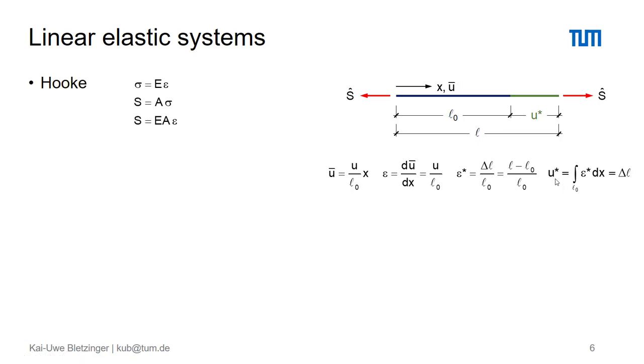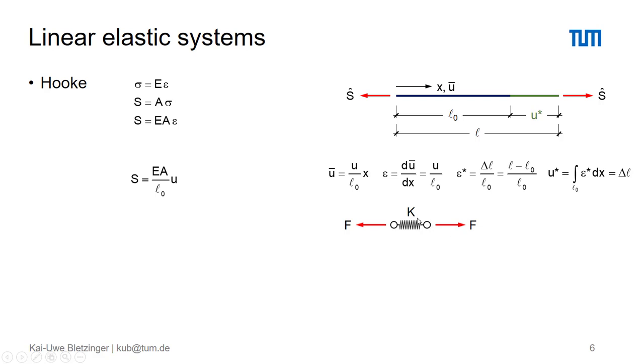We introduce Hooke's law, linear elasticity, where we have the relation between the strain and the stress through the elastic modulus. If you substitute everything, we receive the relation between the actual strain and the actual cable force through the product of E, the elastic modulus, times capital A, the cross-section of the bar in the initial state. Putting everything together, we have this relation, and if we compare that to a linear elastic spring, we again apply a force to the spring.